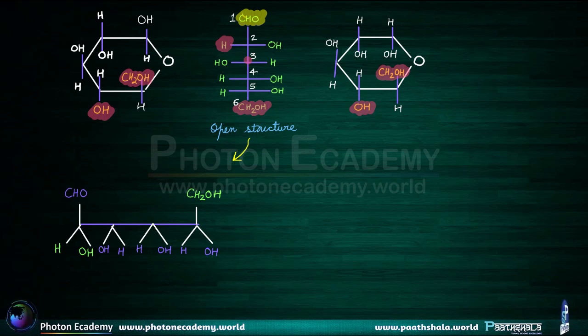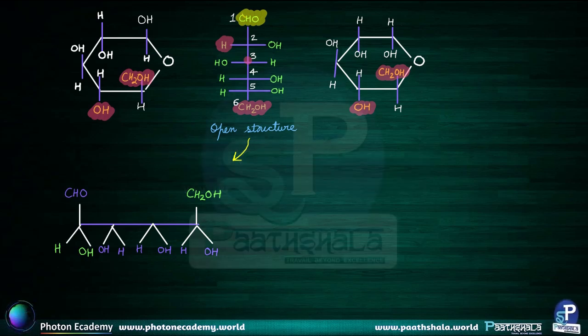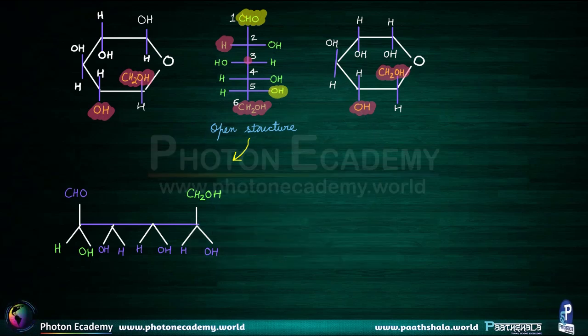Now, in order to make that bonding appear, which bonding am I talking about? What I did to make that closed structure that we are just talking about a lot was to take out some lone pair of electrons from this particular OH and put them over here, where I took out some lone pair from here and transferred them into that CHO group. For that bonding to occur, this OH that I have over here needs to be rotated.